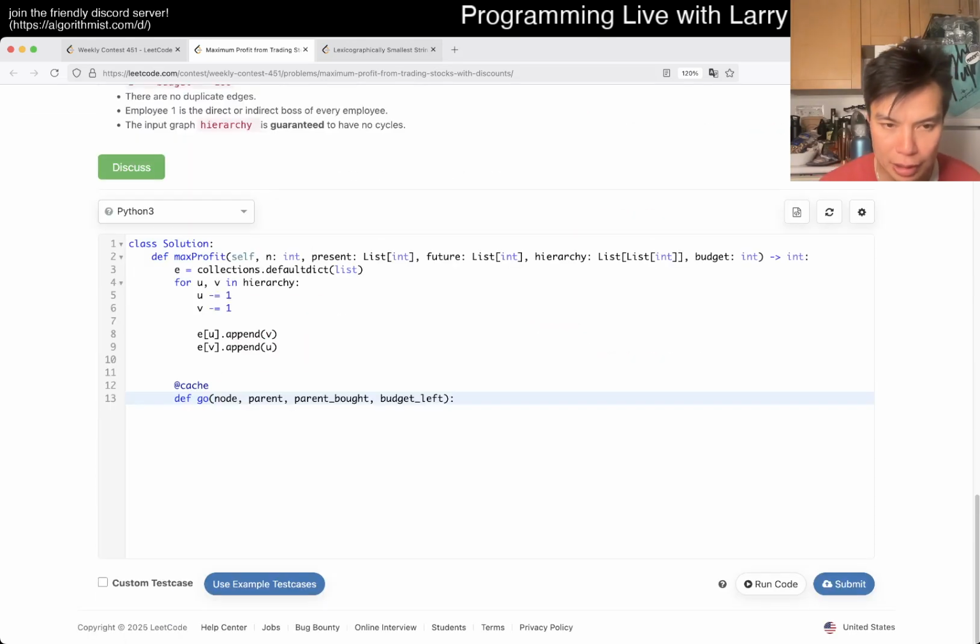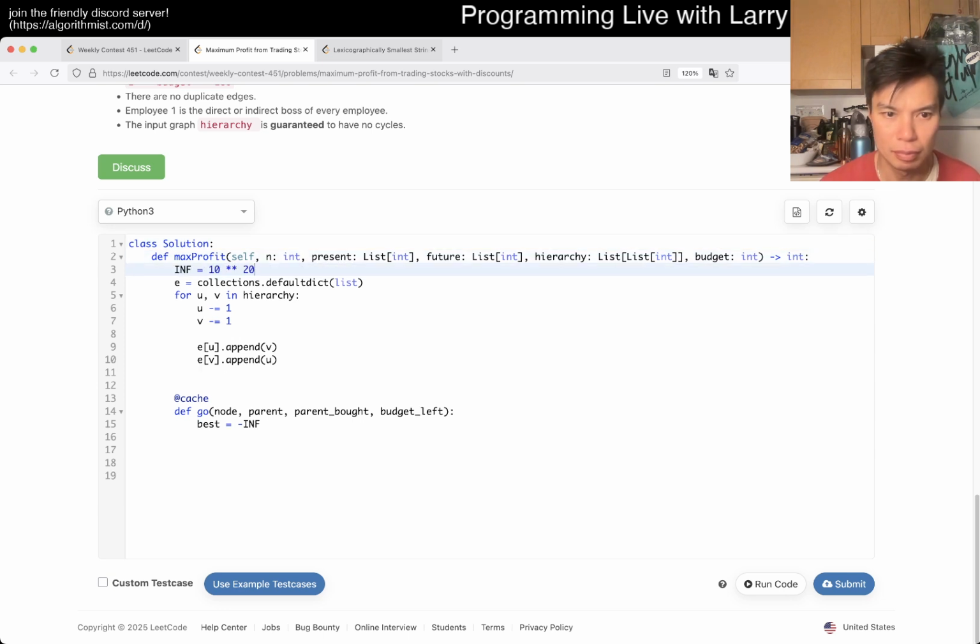So now it's just buy, no buy, right? So yeah, best is you go to negative infinity just to make it easy. Is it negative infinity? Maybe it's infinity, I don't know. Or maybe 0, sorry, not negative infinity. Okay, so then we buy, no buy.